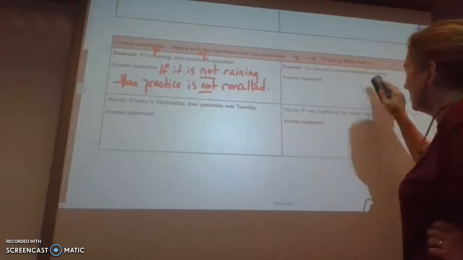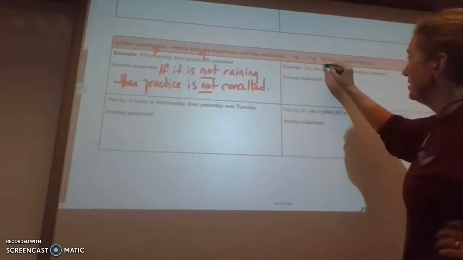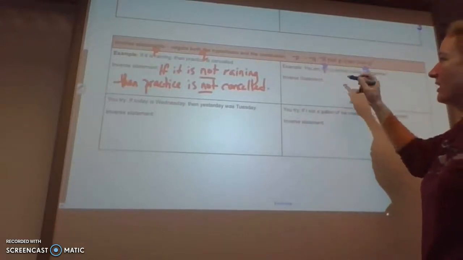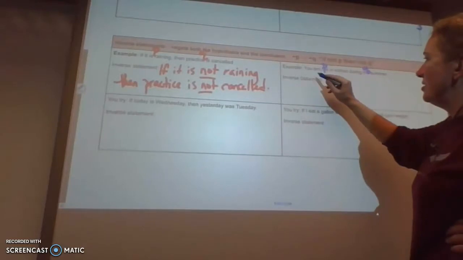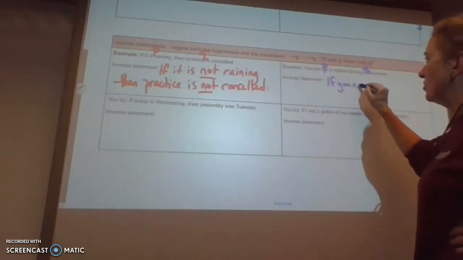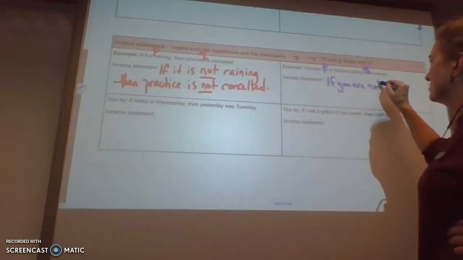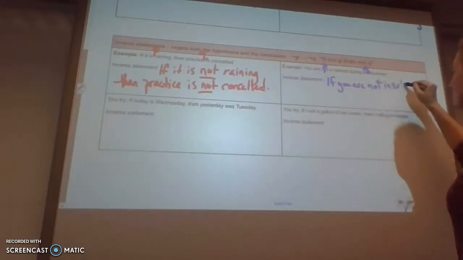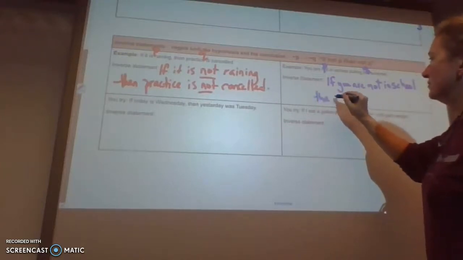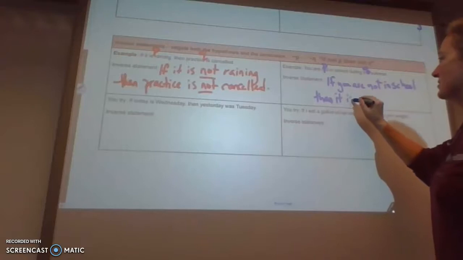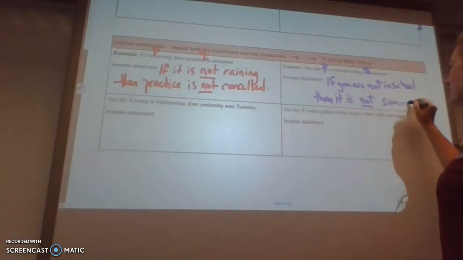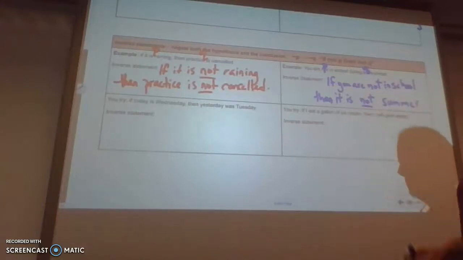Okay, sorry, had to do that in my head. So P and Q, but I have to turn it into an if-then. So this would be if you are not in school, then it is not summer. And you guys are going to do the next one on Edpuzzle.